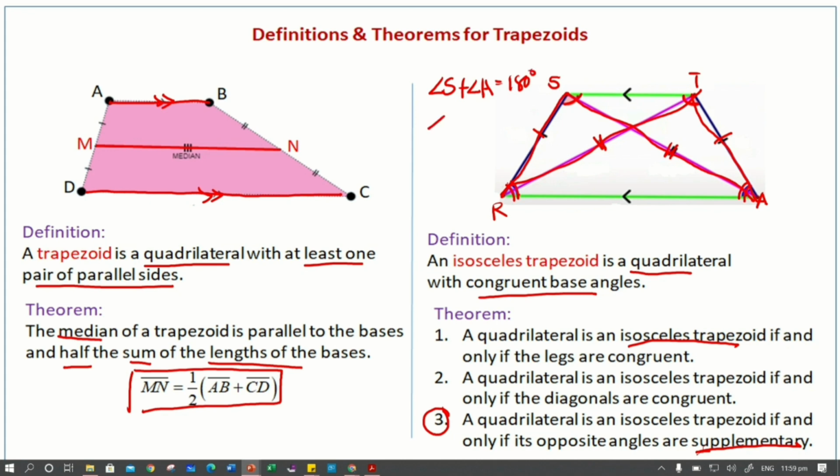Also, take note that angle R plus angle T is equal to 180 degrees also. So these are the theorems about trapezoid and isosceles trapezoid. Now let's try to solve.